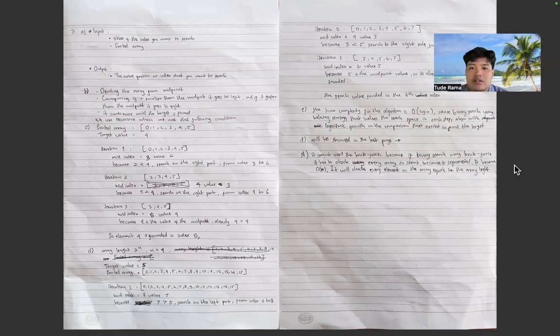The mid index is 4. Because 3 is less than 5, search to the right side of the array. The next is iteration 3. We determine the mid index again, and because the mid value is 5, the same as the target value, we can print that the target value is found at the 6th index.